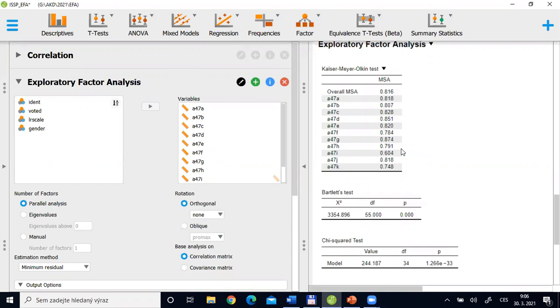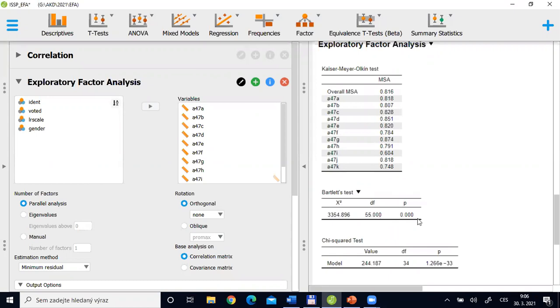So I would start with the second table, which is called Bartlett's test. This Bartlett test is based on chi-square criteria. That's why there is chi-square evaluated here, and based on degrees of freedom, which are related to the number of variables and also to the picture of my data. I wouldn't go into details.